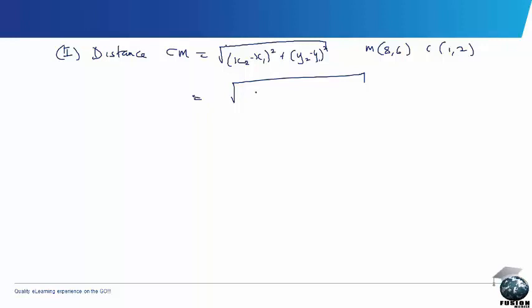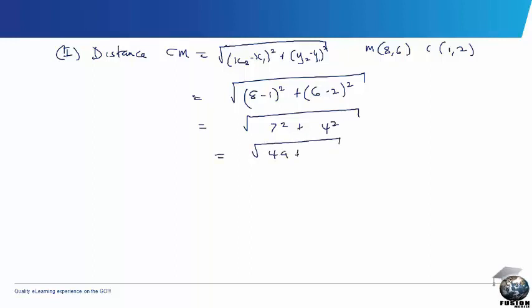So we have 8 minus 1 all squared plus 6 minus 2 all squared. That gives the square root of 7 squared plus 4 squared, which is the square root of 49 plus 16, and then we have the square root of 65. It's not a perfect root, so we leave it in that form. So distance CM is equal to root 65 units.